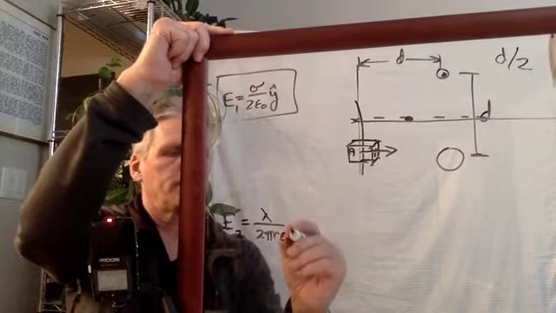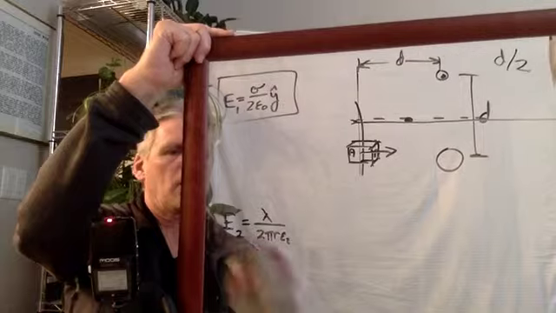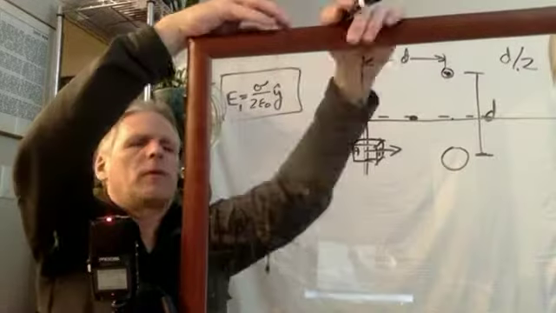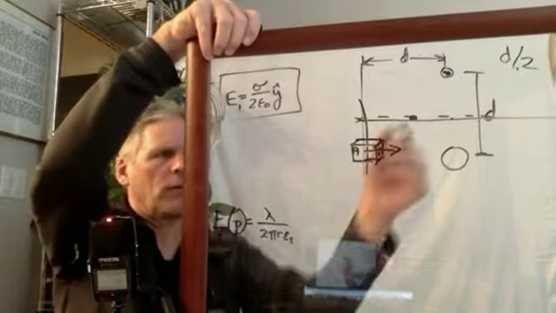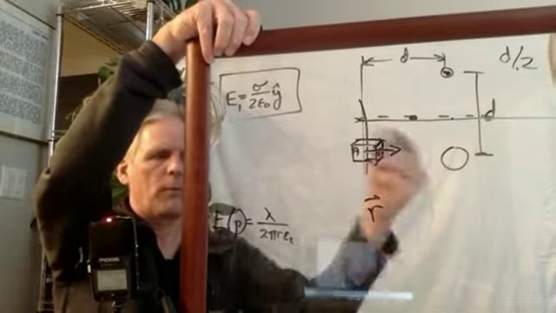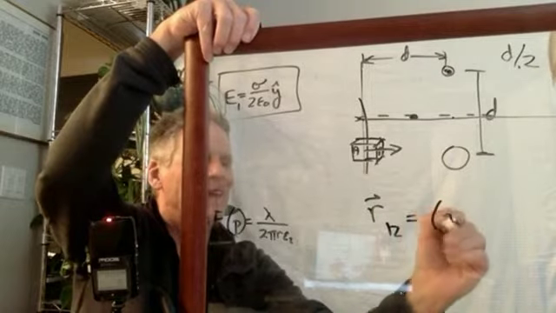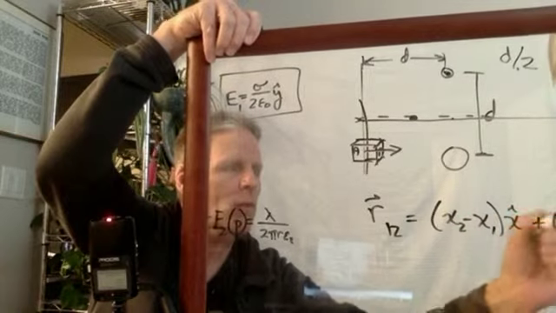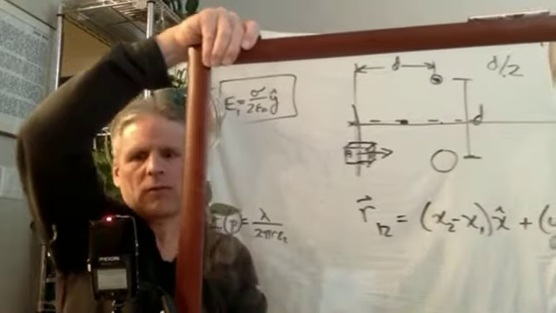E2 of some point P at some, taking too long to write down the vector stuff. So just remember that if some vector r from point 1 to point 2 is going to equal x2 minus x1 in the x hat plus y2 minus y1 in the y hat, and we've got no z hat here, so I'm not going to worry about it.